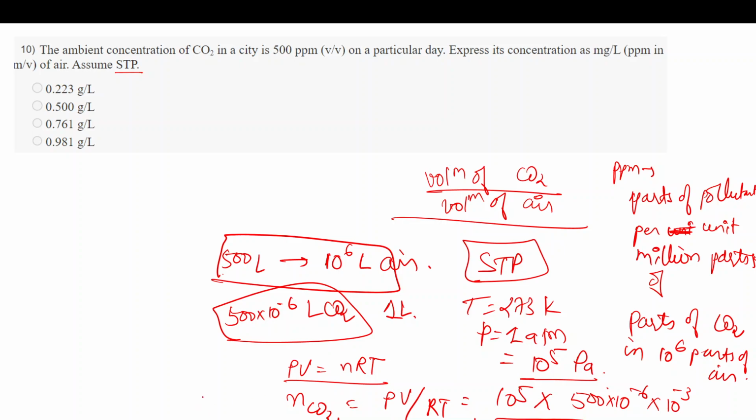Okay, so number of moles will be nothing but 2.2 into 10 to the power minus 2 moles. Now to find out the weight, multiply this with 44.